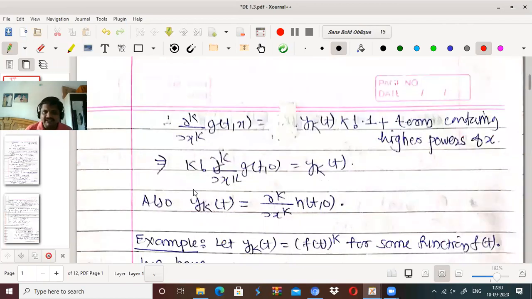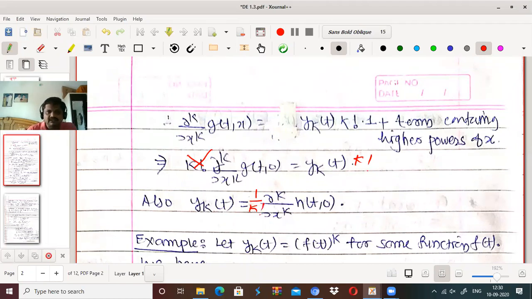That is k factorial into the kth derivative. Sorry, this should not be in the numerator; it is like this, here k factorial. And therefore y_k(t) is equal to 1 upon k factorial, kth derivative upon ∂x^k.